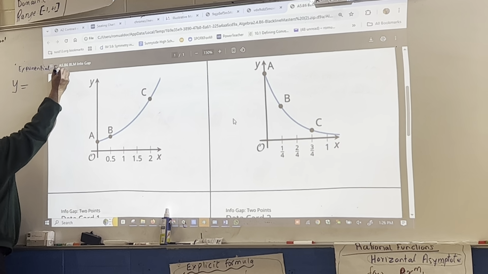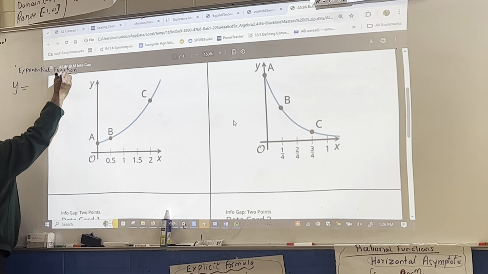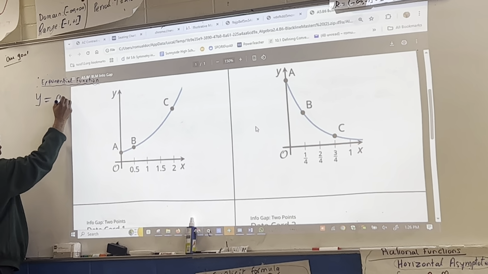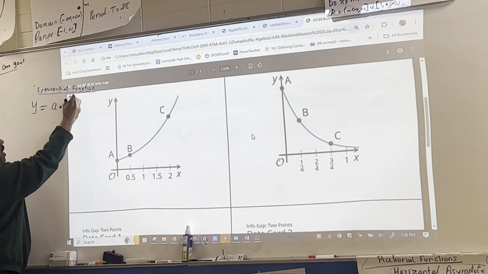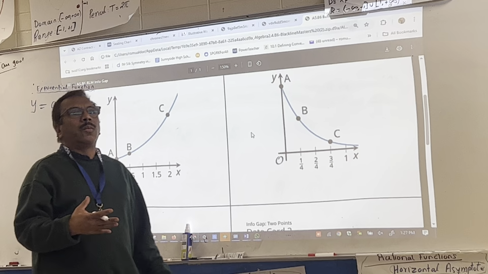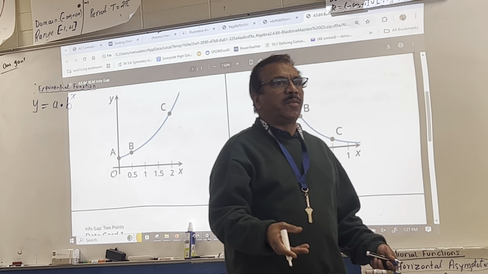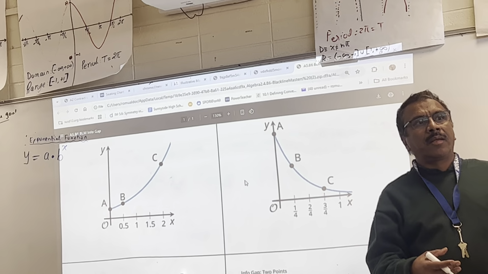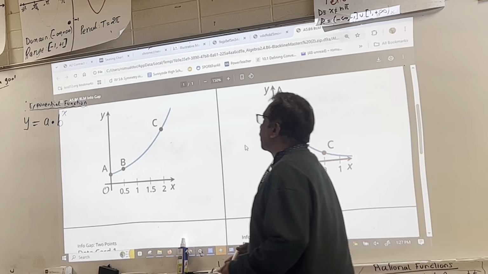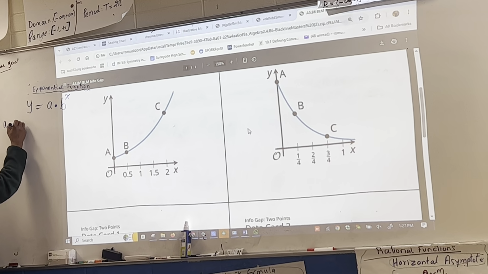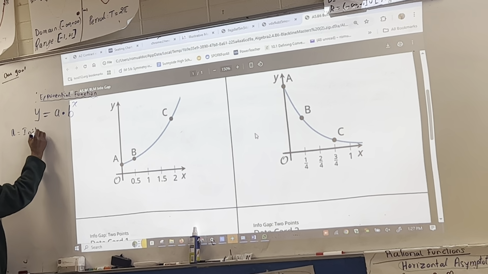To create it, the main equation is a times b raised to x. So two things we need to know are what is a and what is b. Now a is always the initial amount, the initial value.